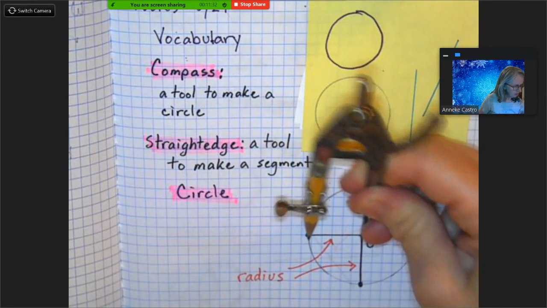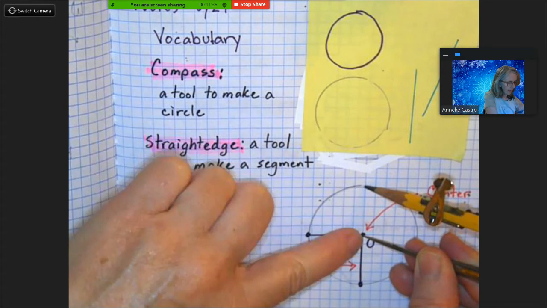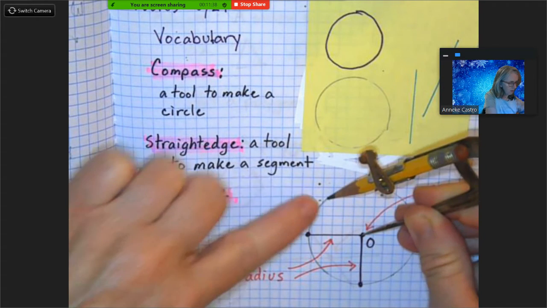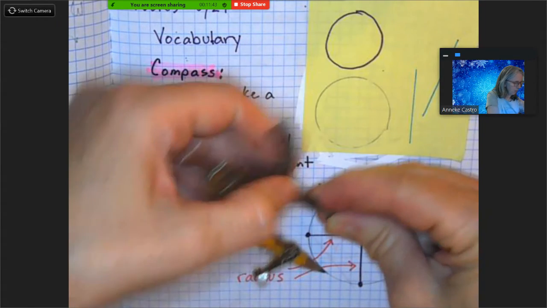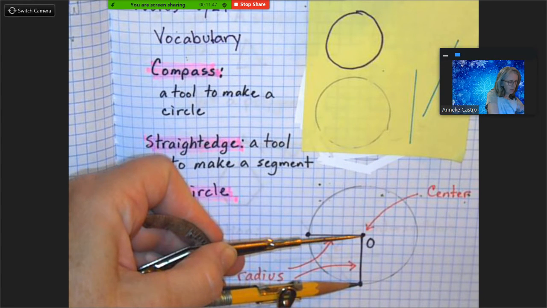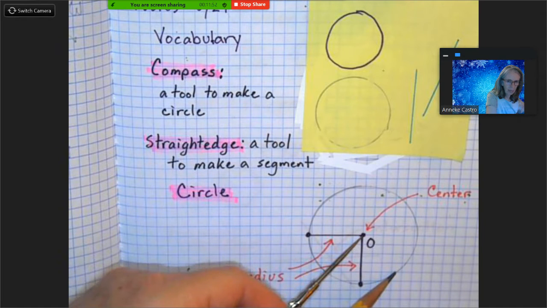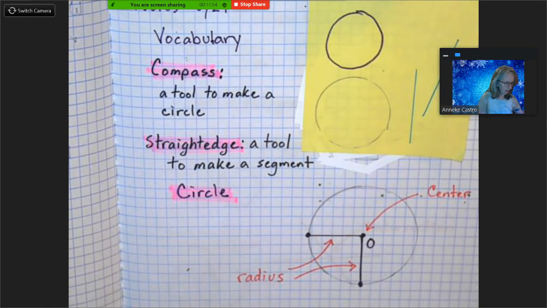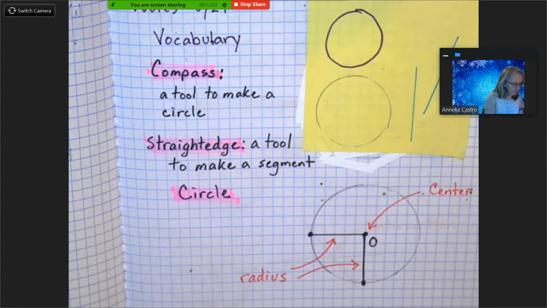From the center to the edge, it's still the same length. I can put it down here. The radius is always the same, no matter where I put it. I could put it here, I could put it here, anywhere. That's the radius.